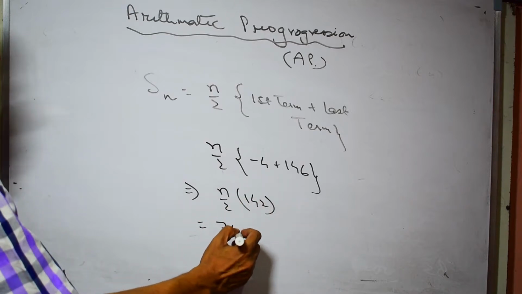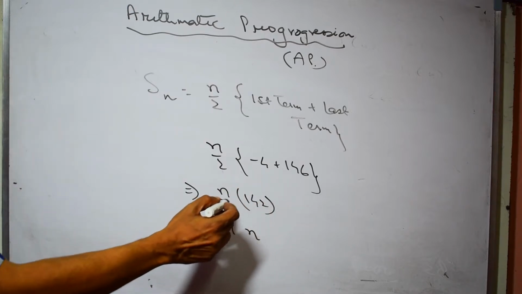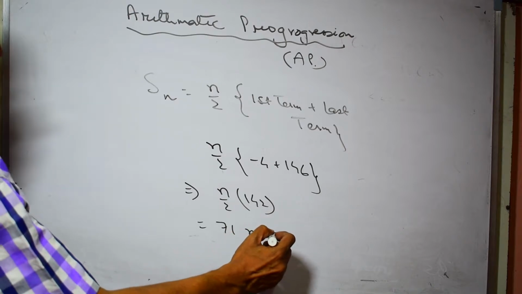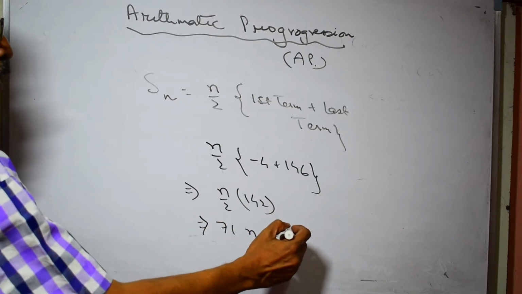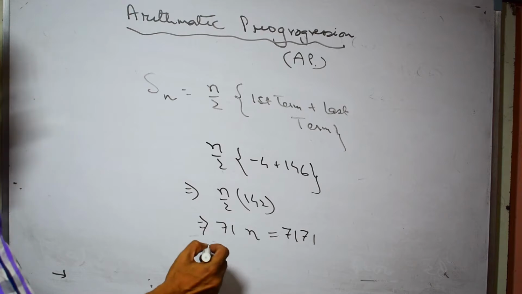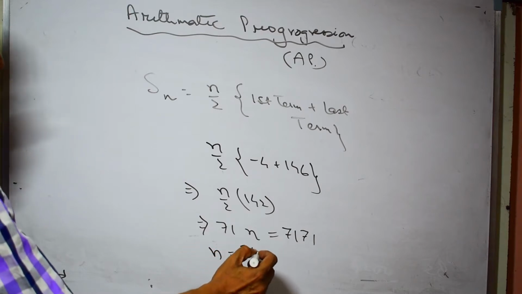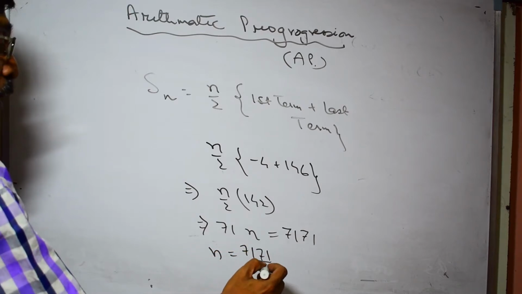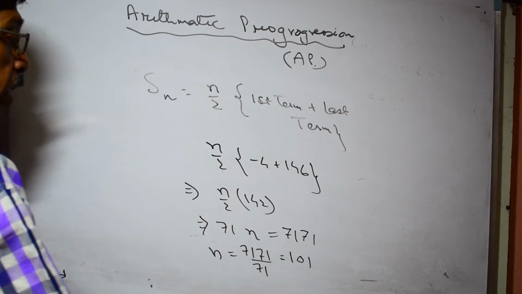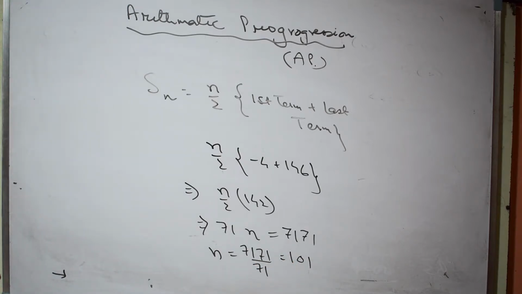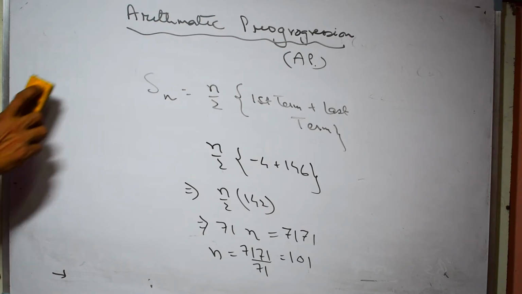That means 71n, because 142 by 2 is 71, but the sum is given as 7171. So if I divide 7171 by 71, our answer will be 101. So the total number of terms will be 101. This is the concept of the AP.